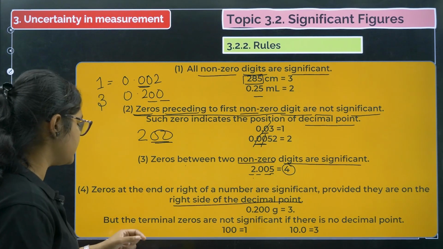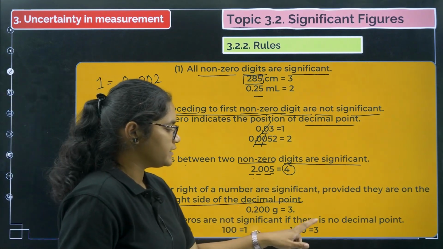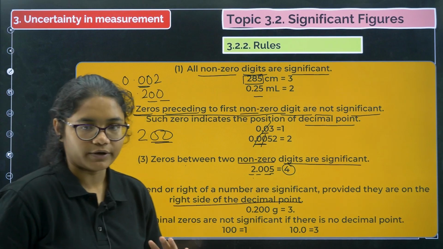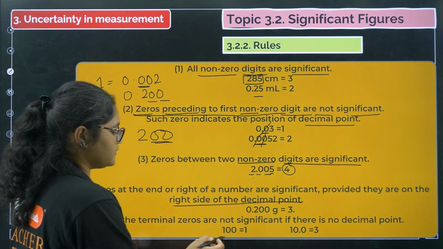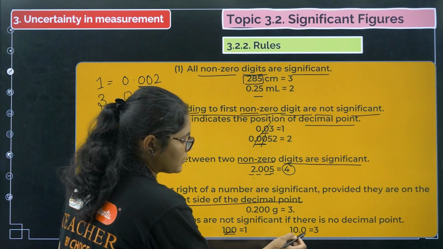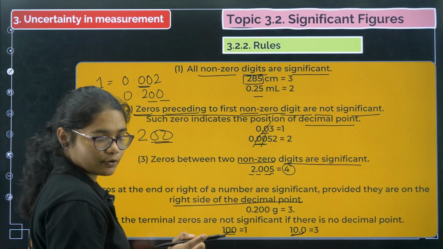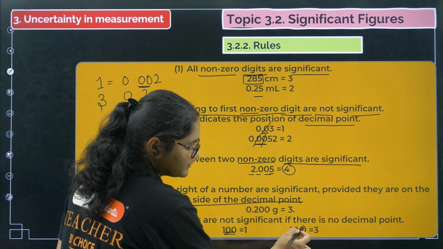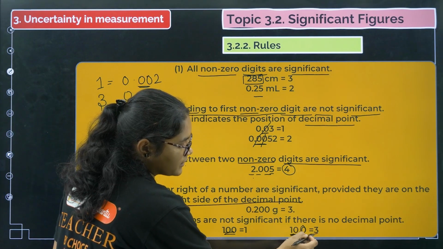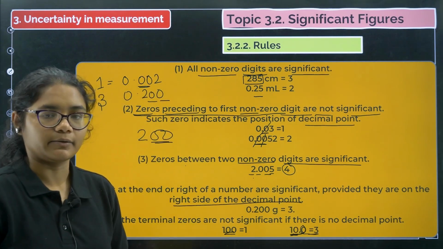Terminal zeros are not significant if there is no decimal point. In 100 there is only one significant figure; these two zeros will not be counted. But if you write 10.0, then 10 will be counted, and this 0 is after the decimal, so that will also be counted. We will have 3 significant figures.